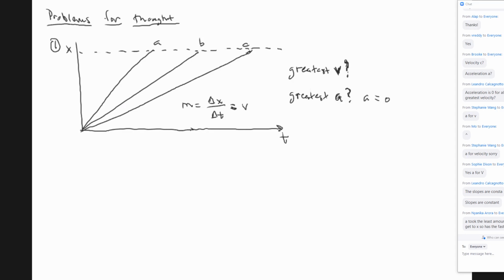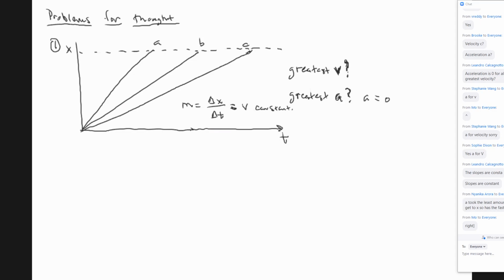I had a student ask, can we go over what Leandro said earlier about the slopes being constant and how that affects acceleration? So constant slopes mean what? Velocity is constant at any given time, correct? So as the slope is constant, how do we define acceleration? Change in velocity over change in time. So velocity final is the same as velocity initial because your slopes are constant.